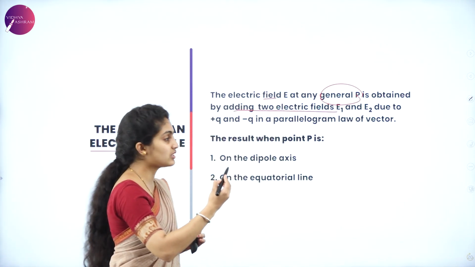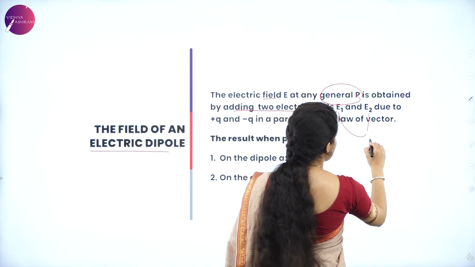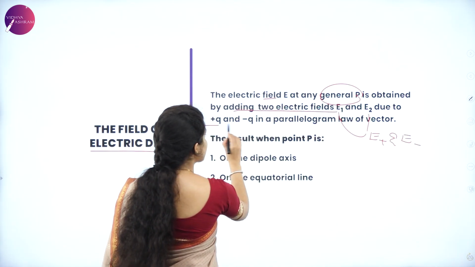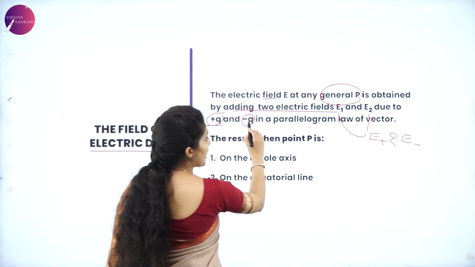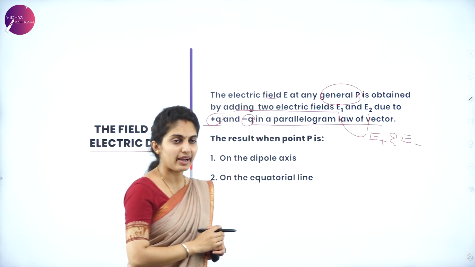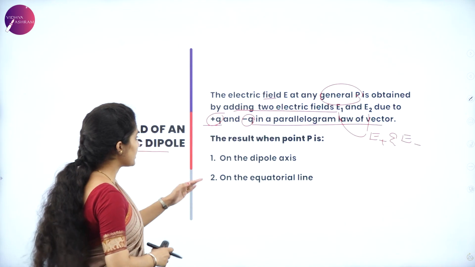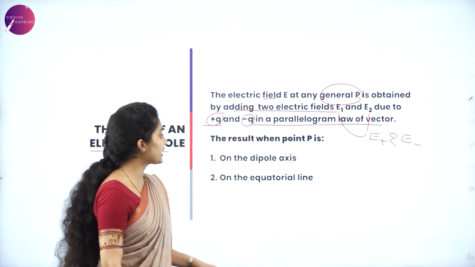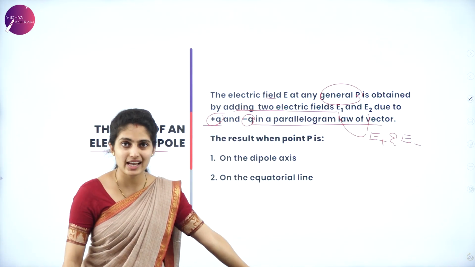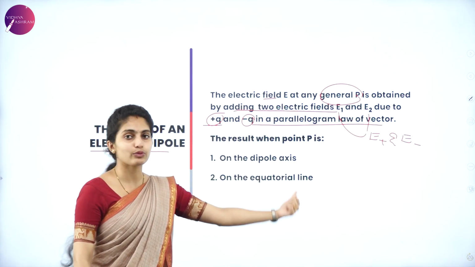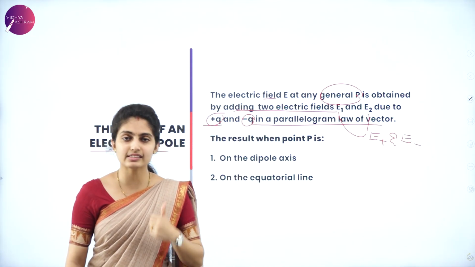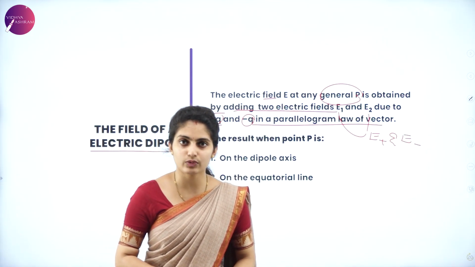You can even consider these E1 and E2 as E positive and E negative due to plus Q and minus Q in the parallelogram law of vector format. There are two derivations, that is the result of electric field at point P can be obtained on the dipole axis as well as on the equatorial line. So there are two things. One is on the dipole axis, the other one is on the equatorial line.